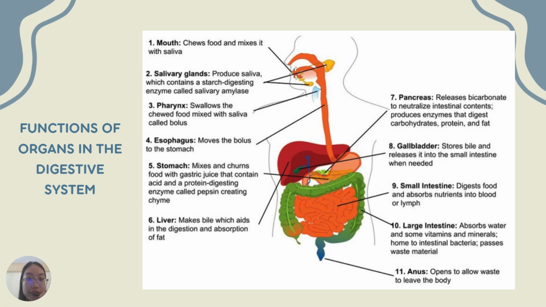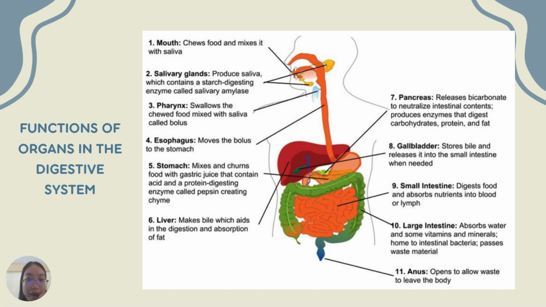and the stomach mixes and churns the food with gastric juice that contains acid and a protein-digesting enzyme called pepsin, creating chyme. Next is the liver, which makes bile, which aids in the digestion and absorption of fat.